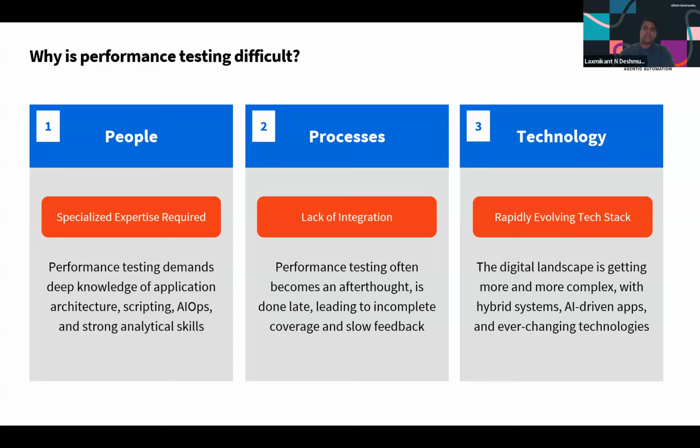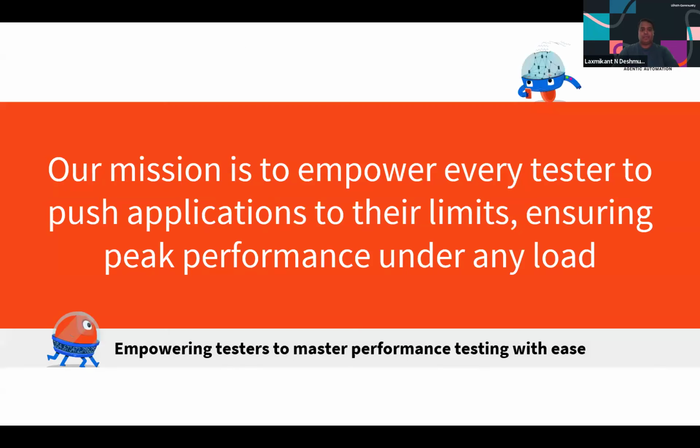And then technology, the rapidly evolving tech stack. There are multiple languages coming up nowadays. People are developing applications in different technical stacks, and the digital landscape is getting more and more complex. So you need to really understand the application technology, hybrid systems, how the infrastructure is being designed, and so on. All these things are making it more difficult for performance testing to be achieved in a siloed operation.